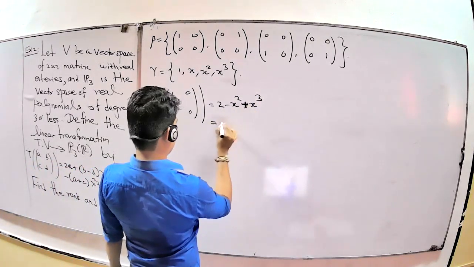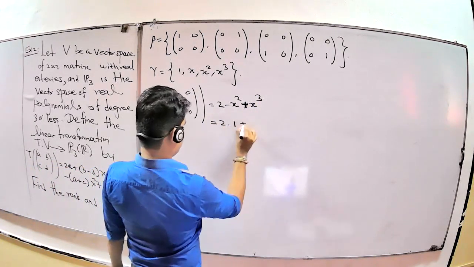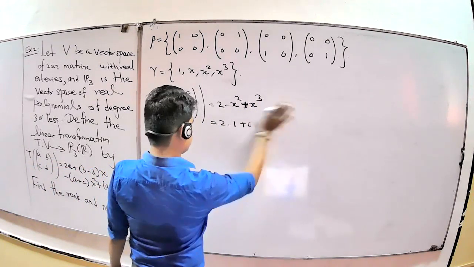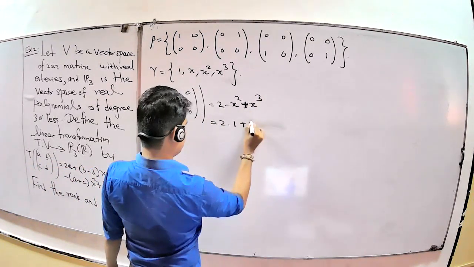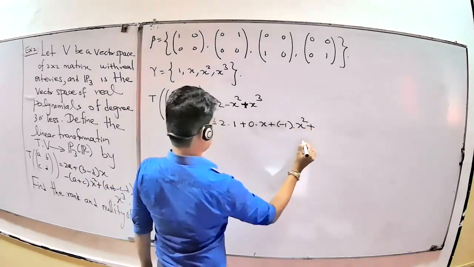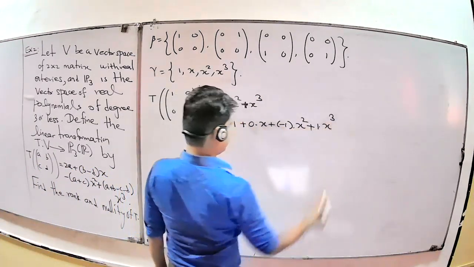You can write this as 2 times 1, 0 times x since there is no x term, minus 1 times x squared, plus 1 times x cubed.